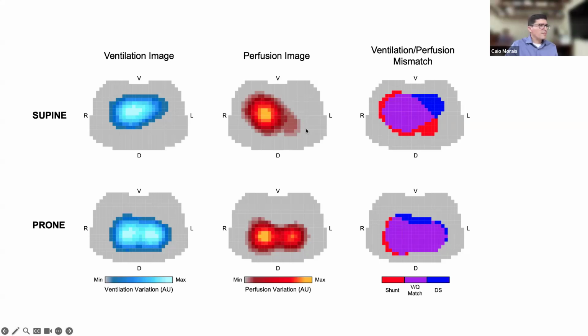We have some perfusion in the posterior part of the left lung, but no ventilation at all. And when we change to prone positioning, we now have bilateral good perfusion and bilateral good ventilation. And the pixels in red here show areas with shunt, and clearly we have a reduction in the absolute level of shunt.